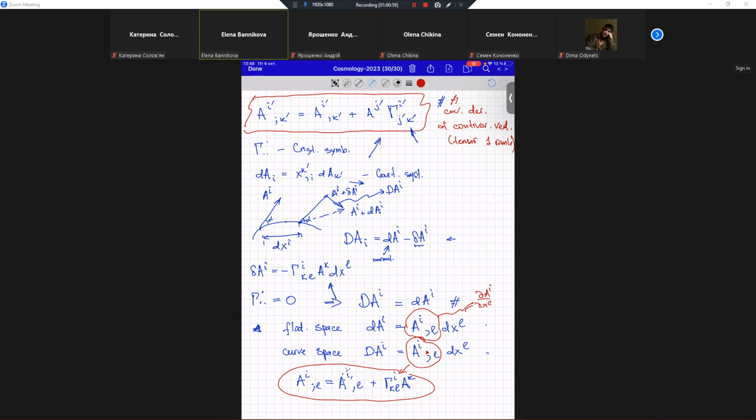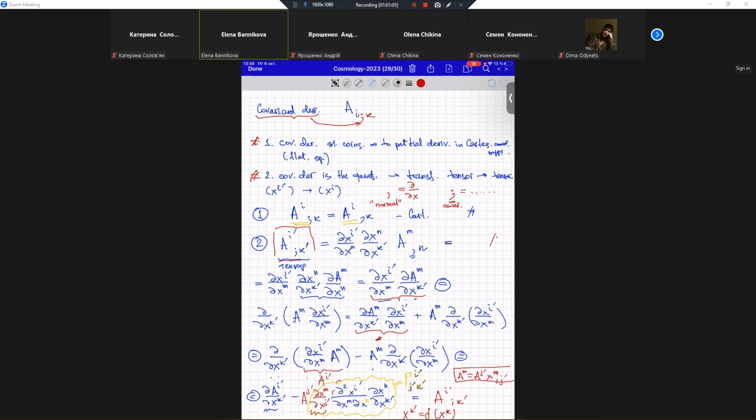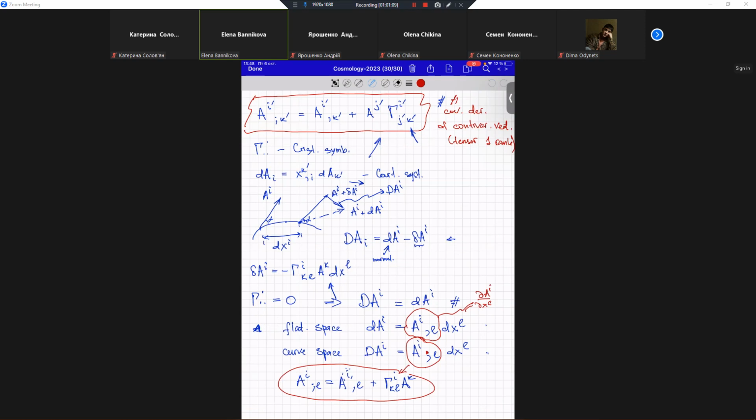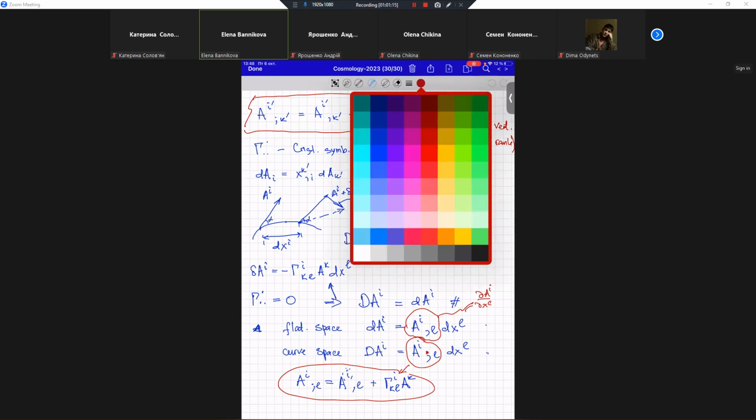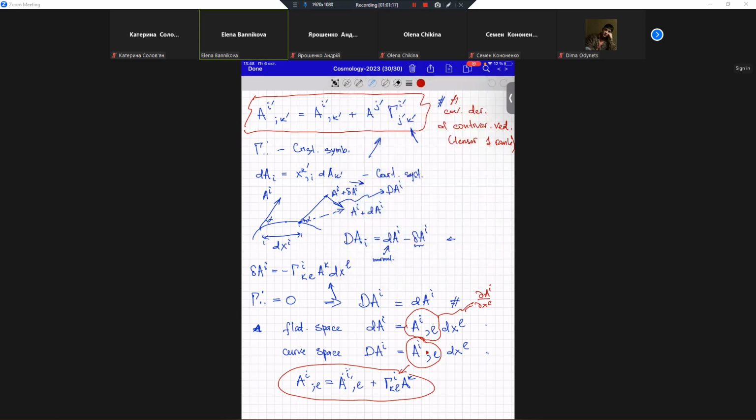We can also find it the same way which we found before. This is the covariant derivative of a contravariant vector.